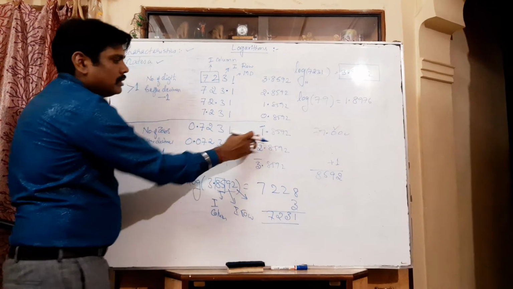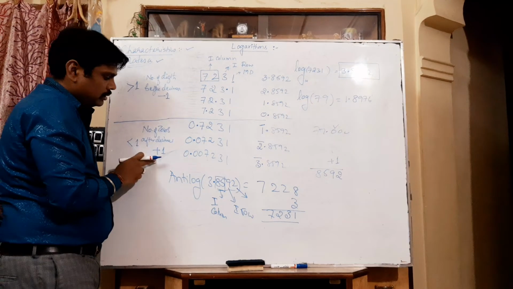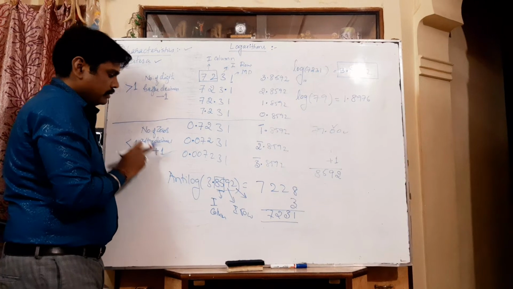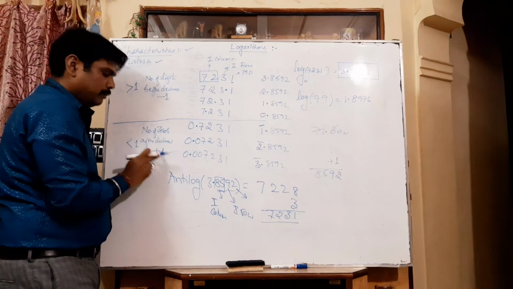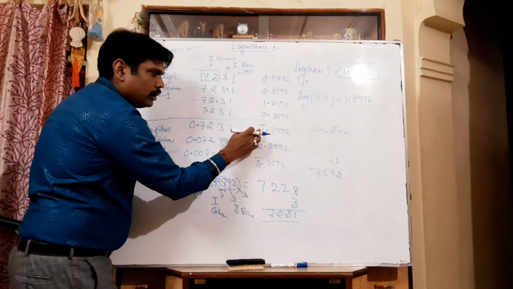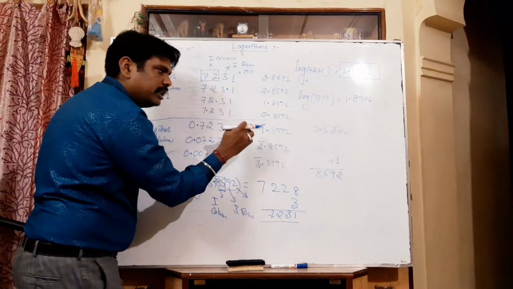If it is a bar, what is the condition? While taking the characteristic, we added the number of zeros after the decimal plus 1. Here, if I want to remove 1 bar, we subtract 1 from 1 bar and it becomes 0.